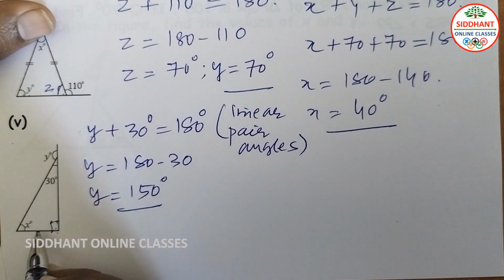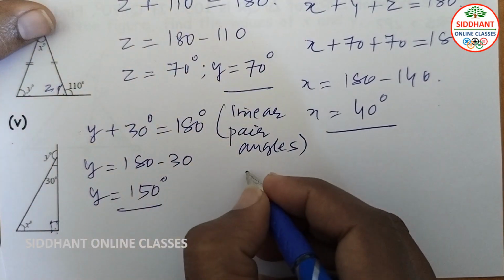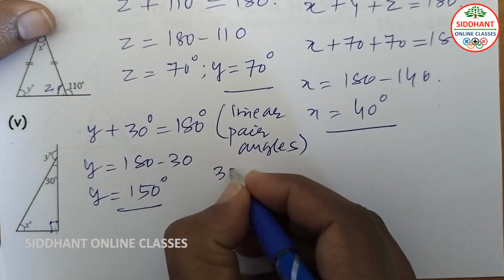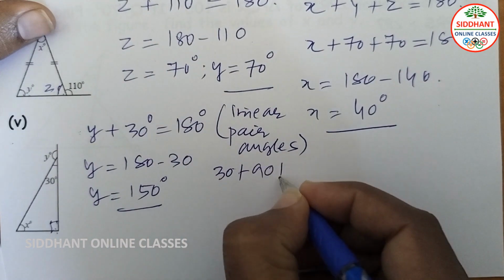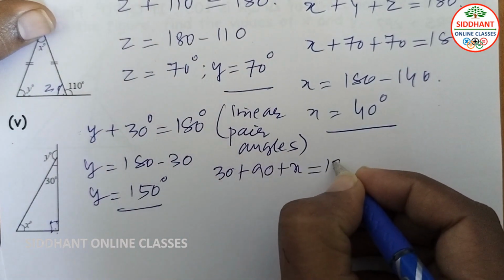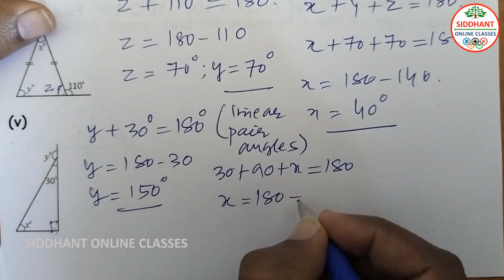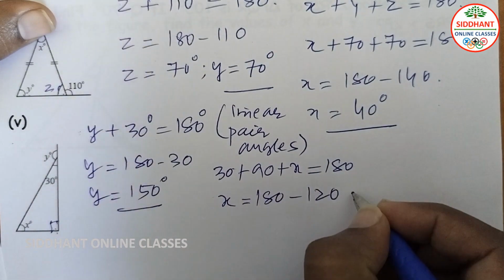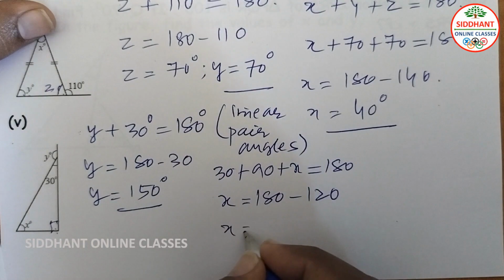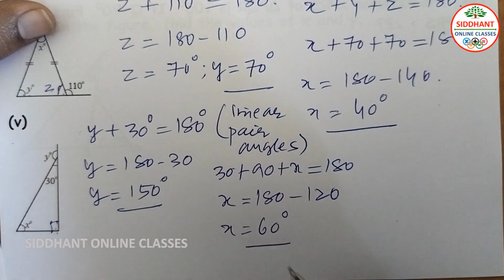So in this triangle, this is 30, this is 90, and x we are going to find out. The sum of angles is equal to 180. So 30 plus 90 plus x equals 180. Then x equals 180 minus 120, then x equals 60 degrees here.